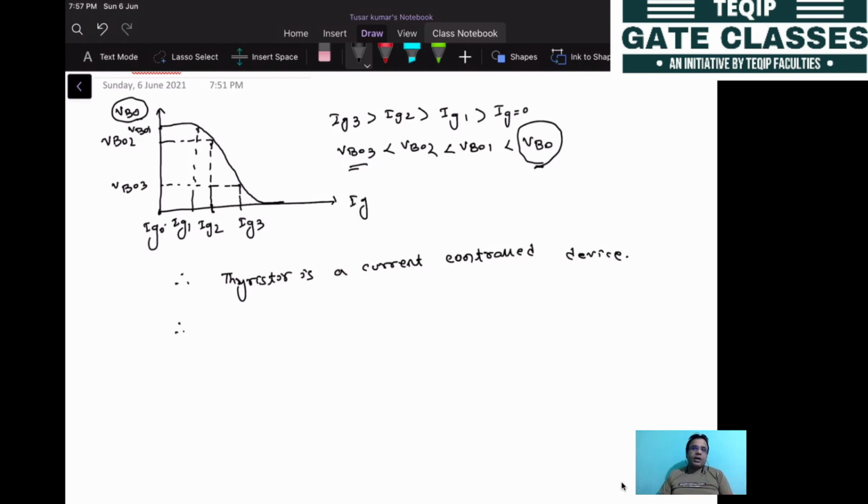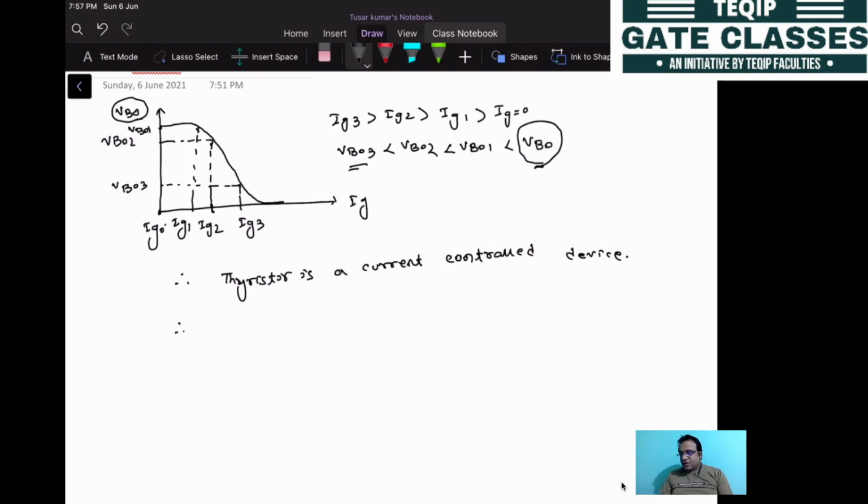If you apply a continuous gate signal while the thyristor operates, the power dissipation will be high, because continuous gate current will be flowing, and due to that the gate junction temperature will rise, which will affect the performance of the device.